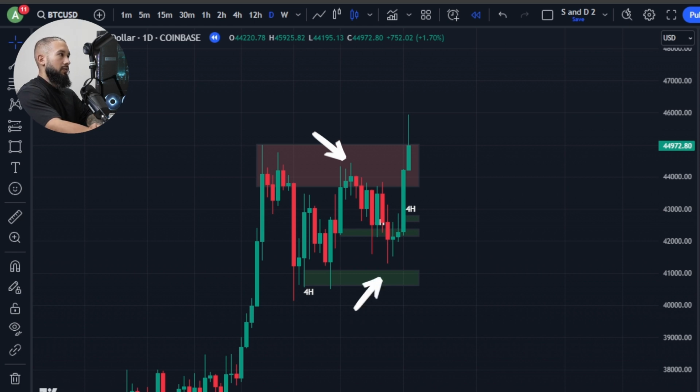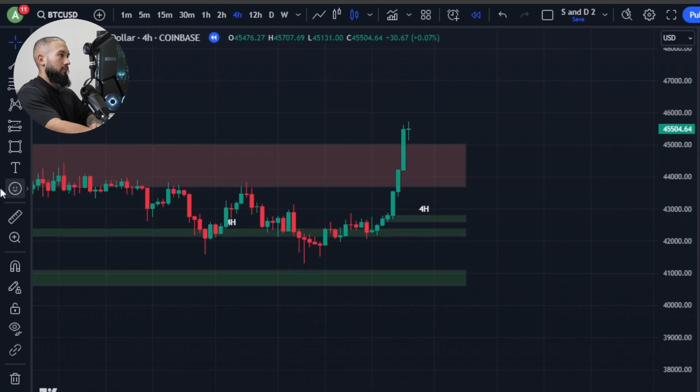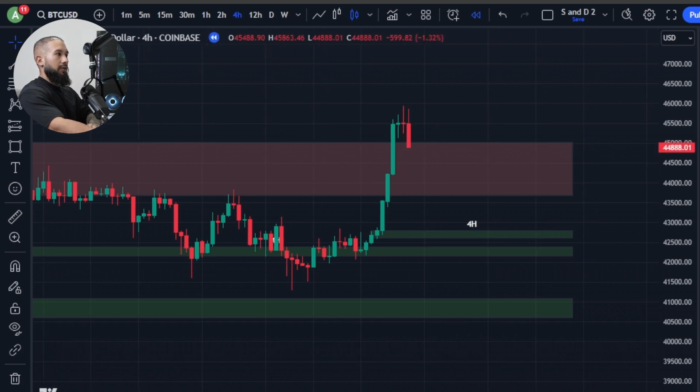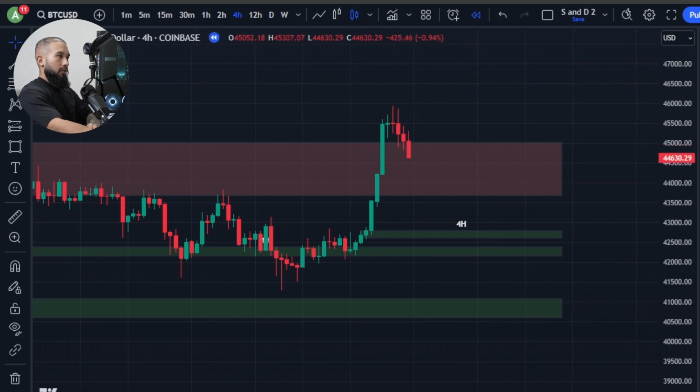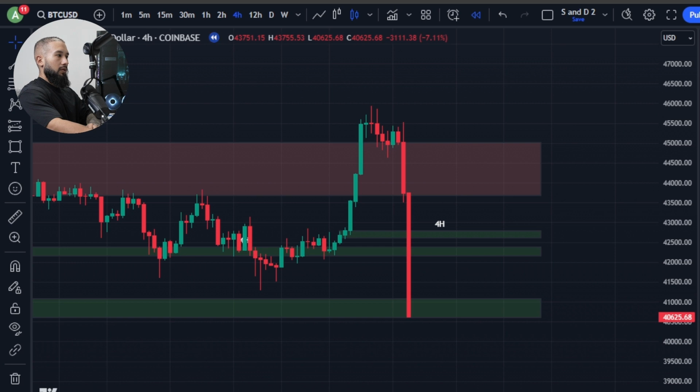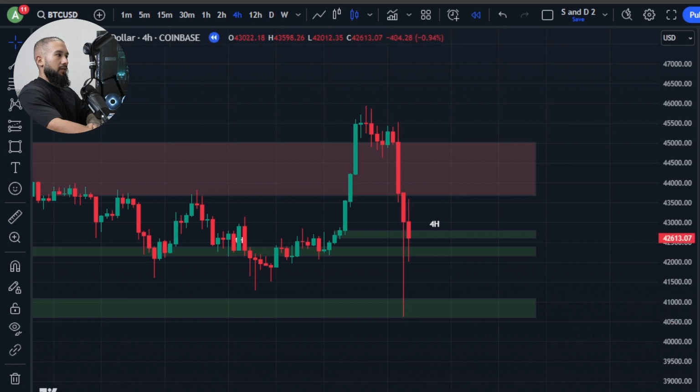All right, we're going to go back to the 4-hour and let price continue to play out. All right, so we're still looking for price to come back to our demand zone for a buying opportunity. Sellers are stepping in a bit here at the top of our supply level. All right, so they stepped in very aggressively.